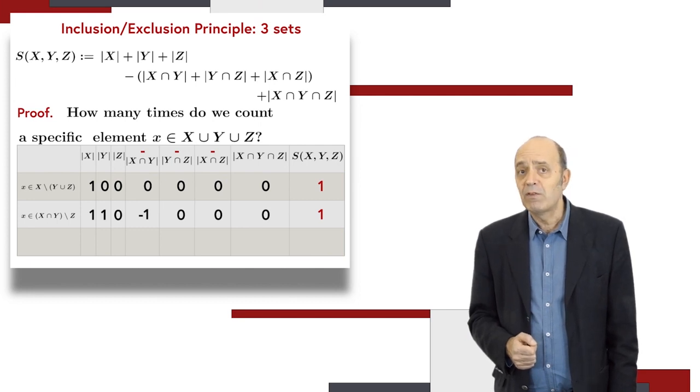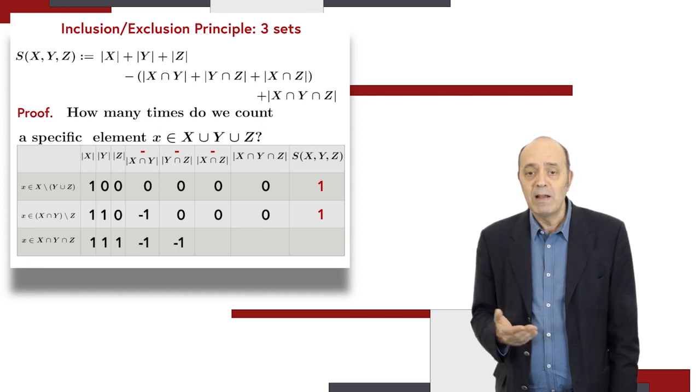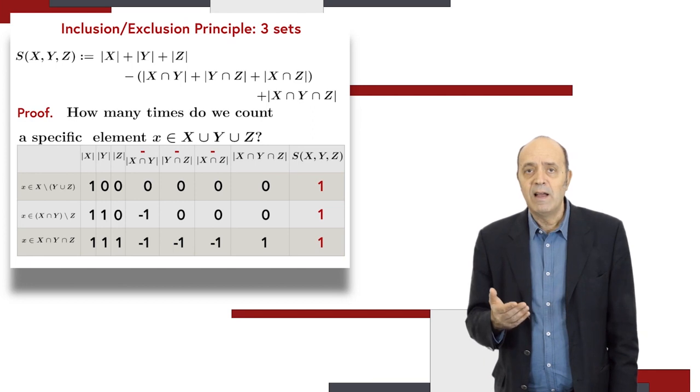And finally, let us consider the case where small x belongs to all of the 3 sets. Well, here we count 1 for the 3 sets X, Y, and Z, minus 1 for the intersections 2 by 2, plus 1 for the intersection of X with Y with Z. When we count, we find 3 minus 3 plus 1, and we get 1. So in any case, the elements are counted just once, and this proves the equality.